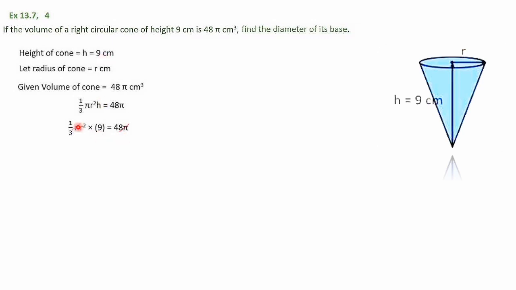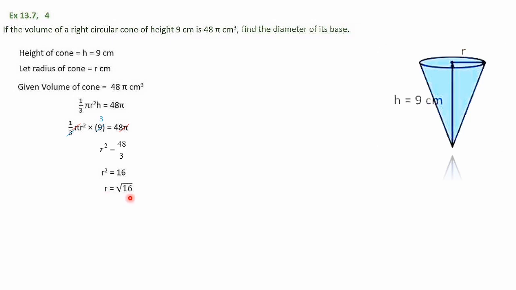And on both the left and right side pi is common, we can cancel it. Then 3 and 9 we can cancel, 3 times. So r square is equal to 48 divided by 3, 48 by 3. So r square is equal to 16.